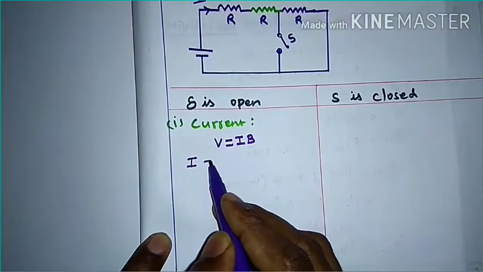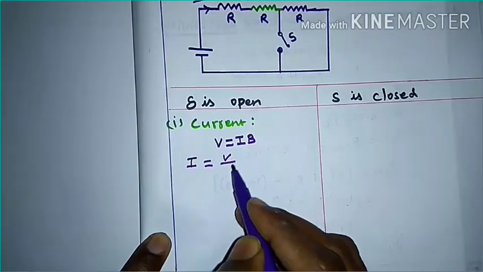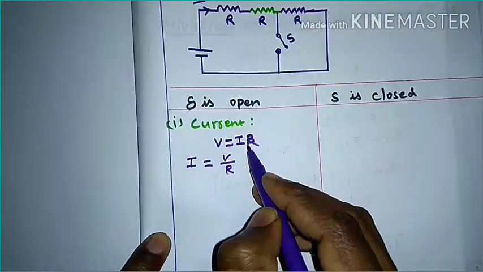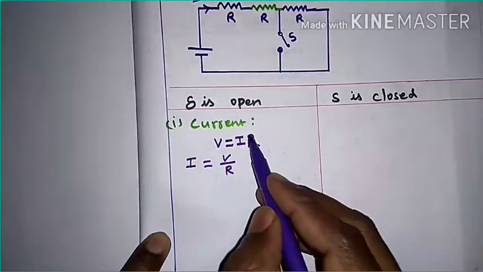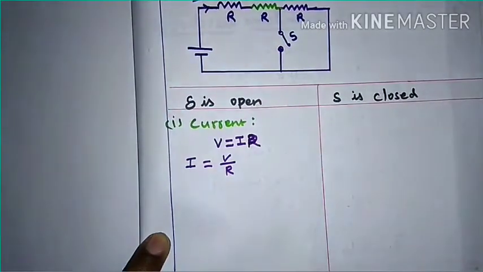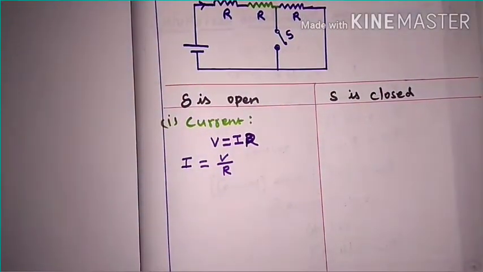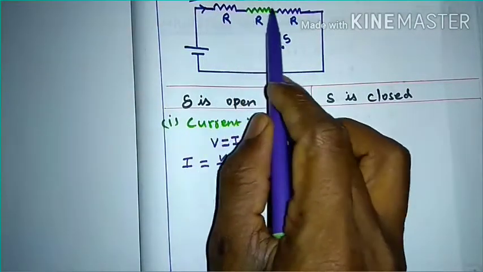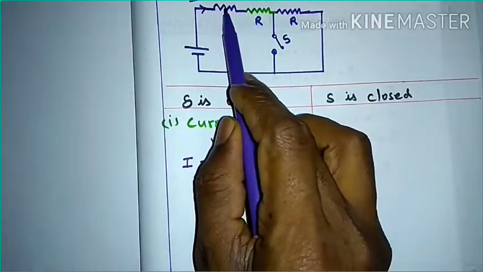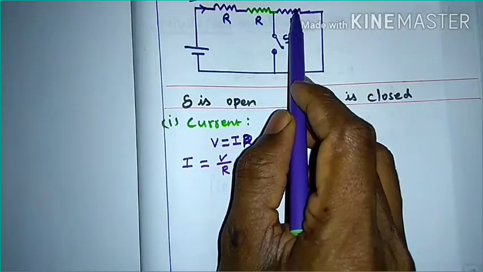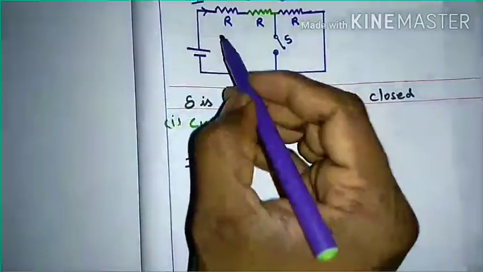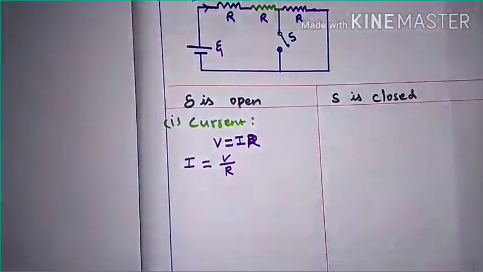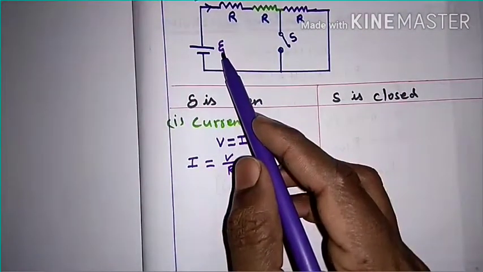I is equal to V by R. I already told that the current flowing through resistors connected in series is the same. So the current flowing here, here, and here will be the same. And in the circuit the potential is given. That is the EMF of the battery. It's also known as potential difference.